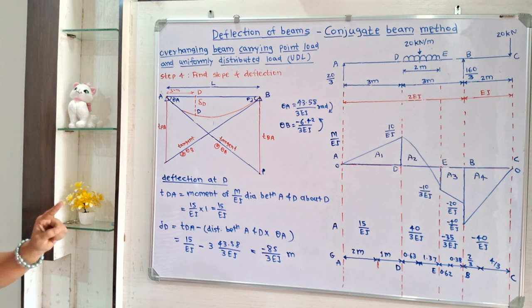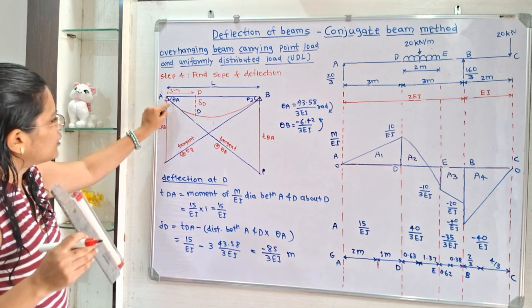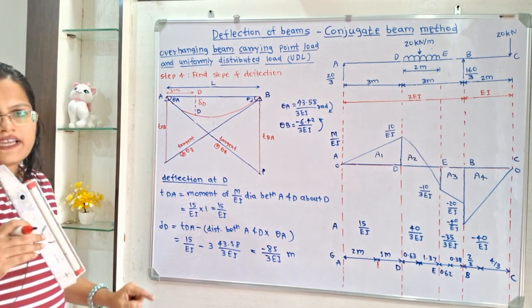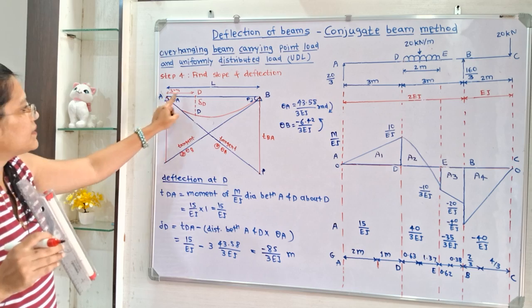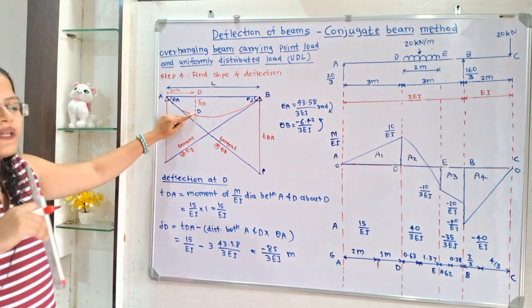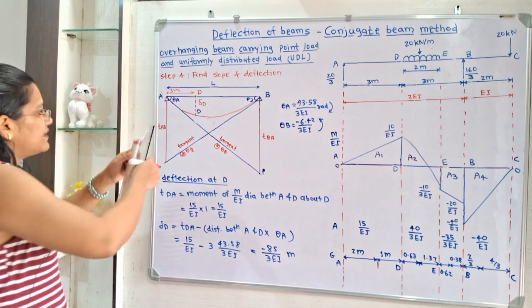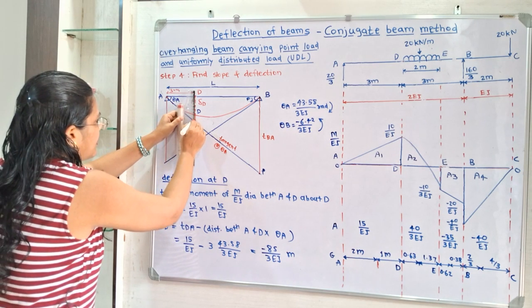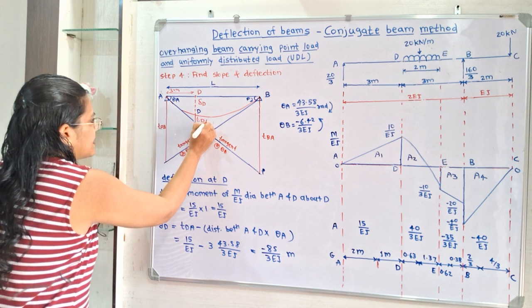Now if I draw one perpendicular line from this point D on this tangent at theta A, then we will get TDA. So here I will show this line and this is known as TDA.